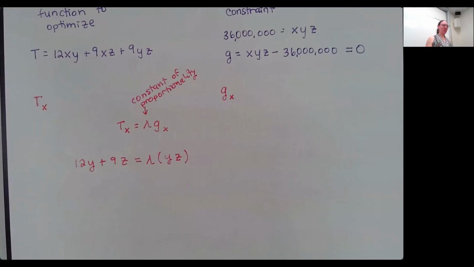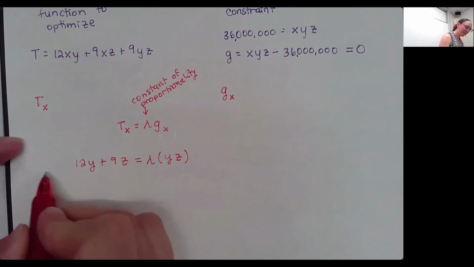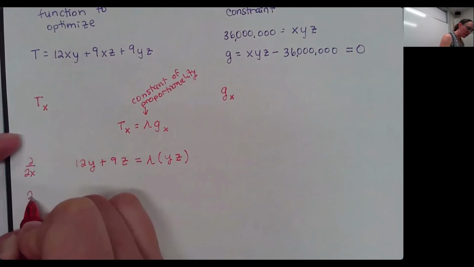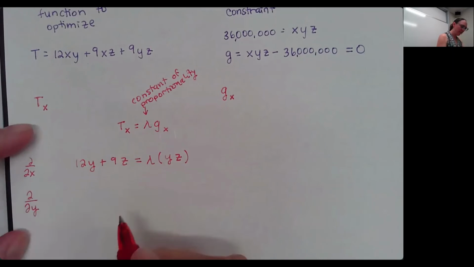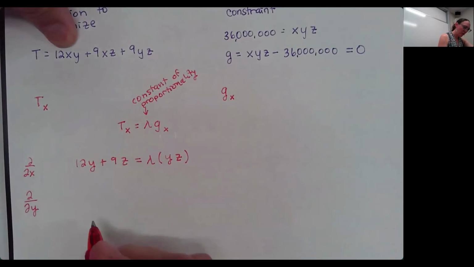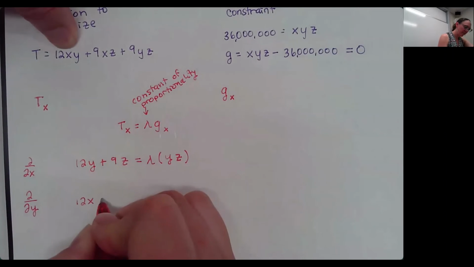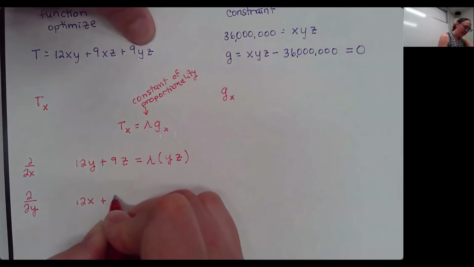Now we're still going to have a bunch of algebra to do, but at least we're doing the algebra without giant numbers. Similarly, this is from my partial with respect to x. If I do this with my partial with respect to y, my partial of t with respect to y is 12x plus 9z.